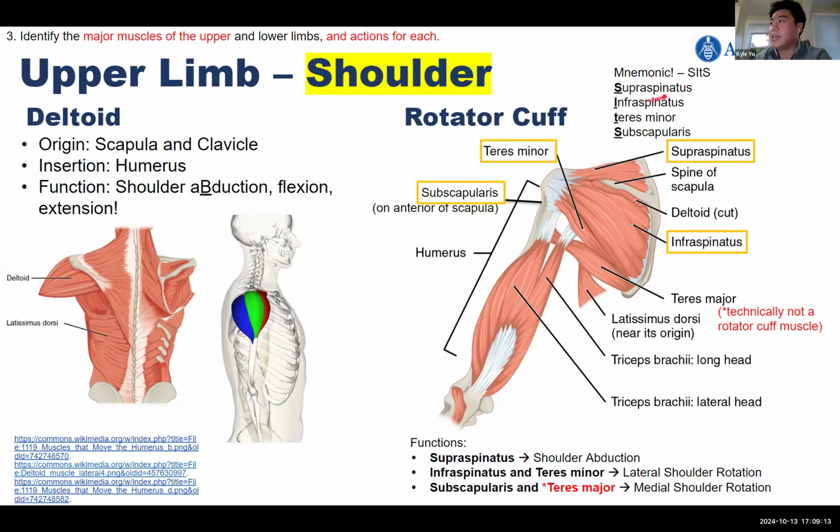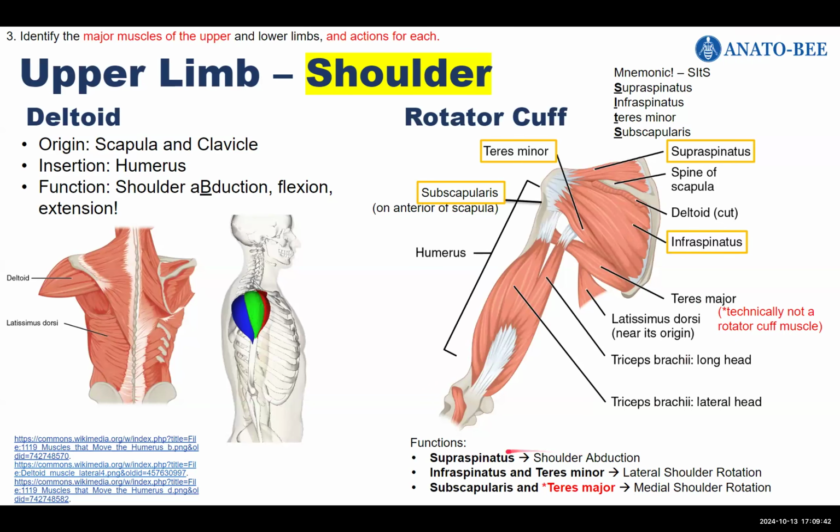So S-I little t: S for supraspinatus, I for infraspinatus, teres minor because it's small, and then the subscapularis. These muscles are primarily involved in rotation of the shoulder, hence the rotator cuff. And then we also have the teres minor, which is technically not a rotator cuff muscle, but I mention it here just because it does have some function within rotation as well.